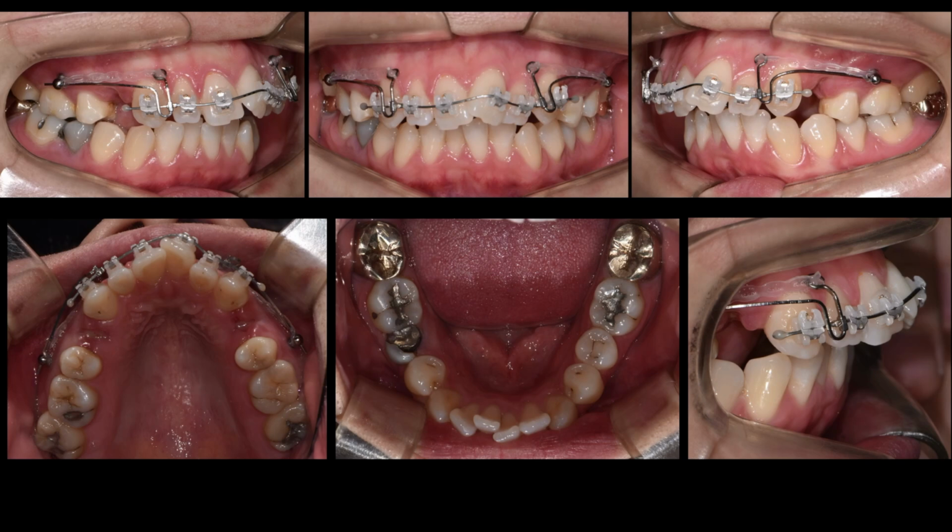So this is a combination of stainless steel and nitinol wire. Okay, so this is the beginning after extraction. And then the most important thing is the retraction force to the hook, the length of the hook.